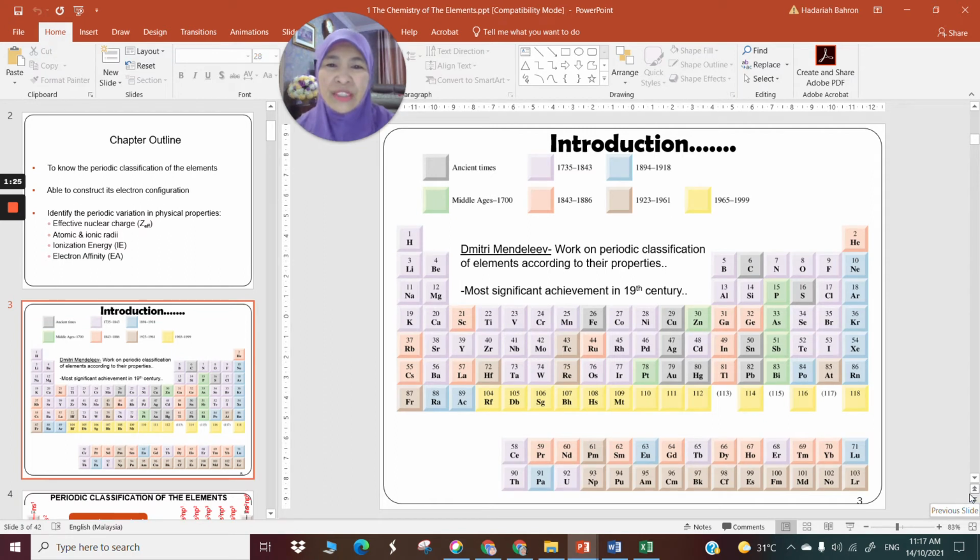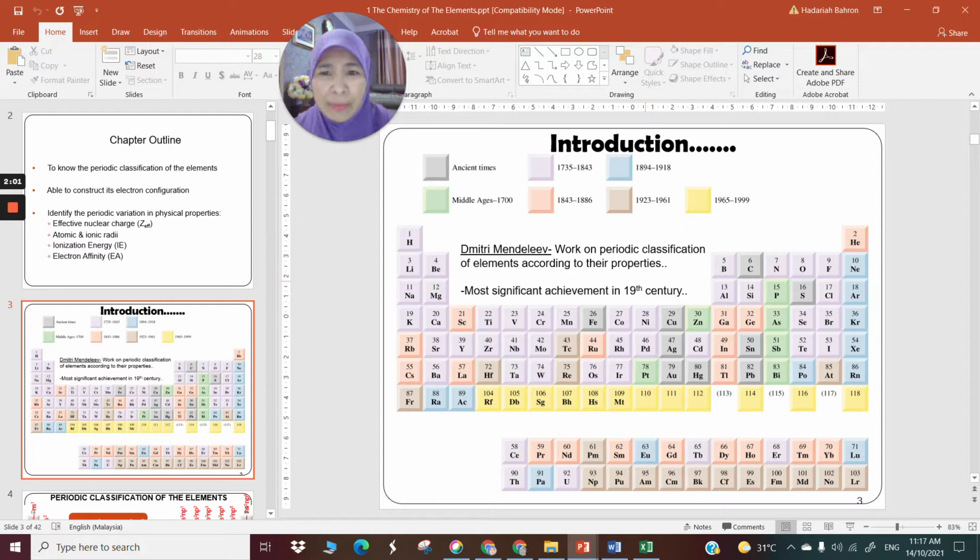As an introduction, this is the very familiar periodic table that everybody learning chemistry has seen so many times already. This has come about through a long series of work by chemists from hundreds of years ago, and Dmitri Mendeleev had worked on the periodic classification of elements according to the properties of elements.